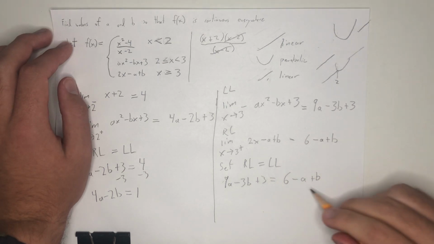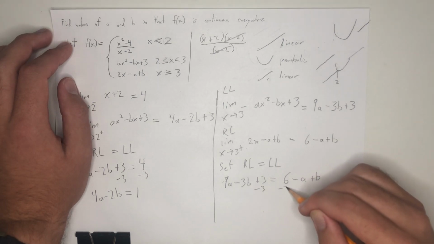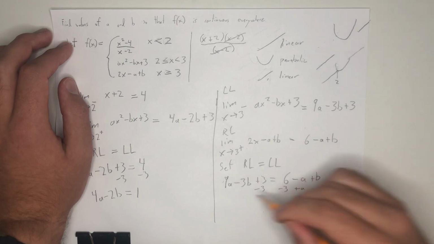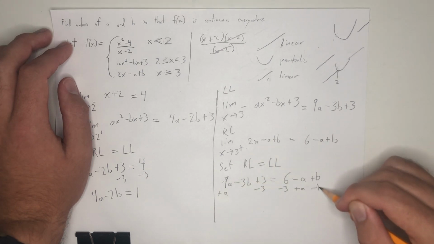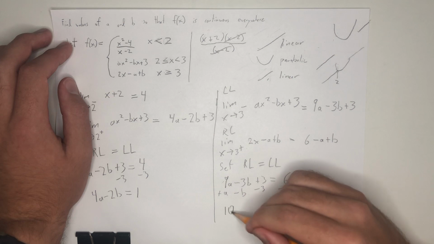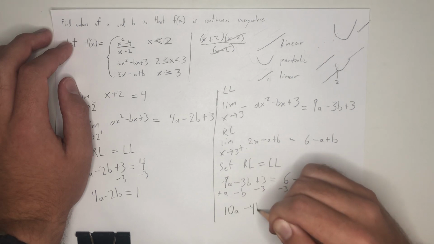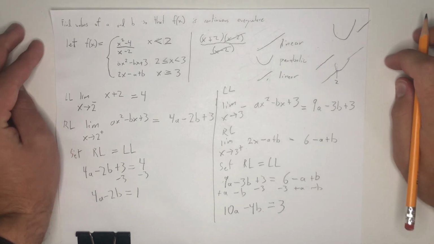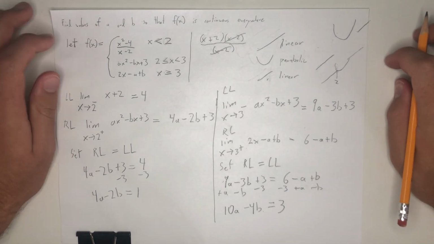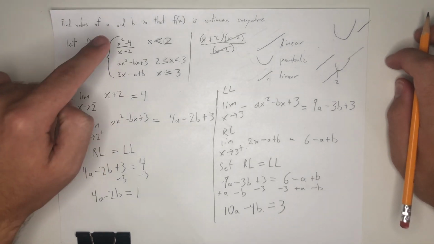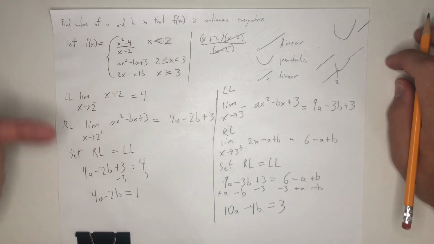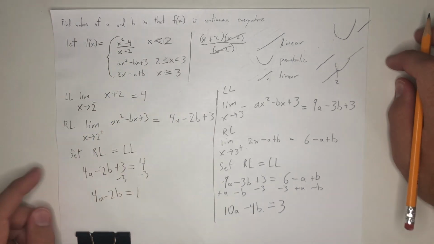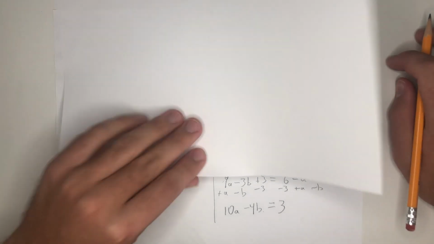Let's get our variables on one side, and we get 10a minus 4b equals 3. We're supposed to find a and b, and we have two unknowns, but we also have two equations, so we can definitely solve for them.